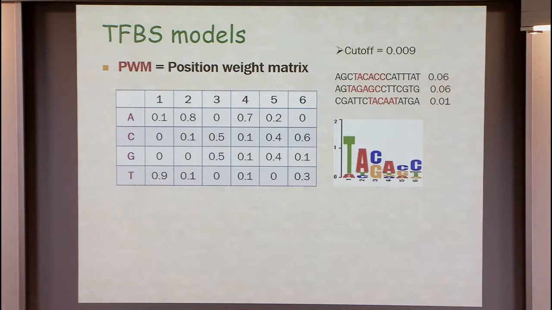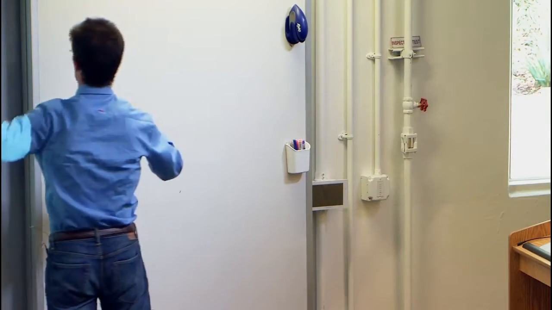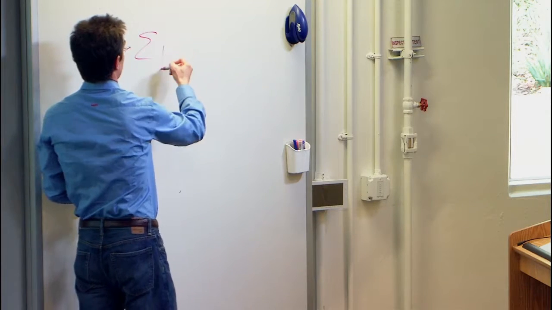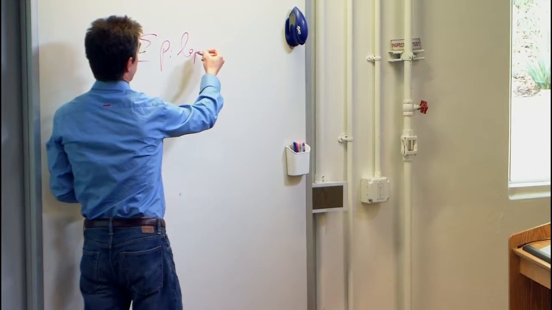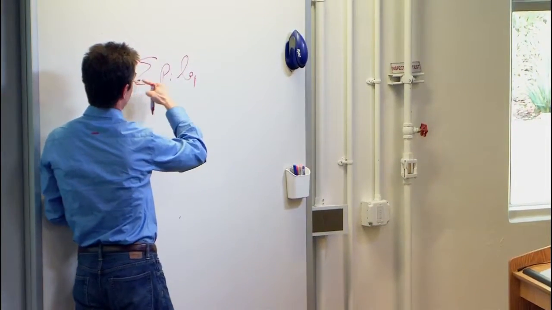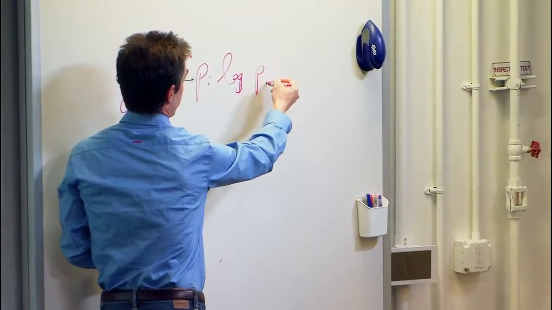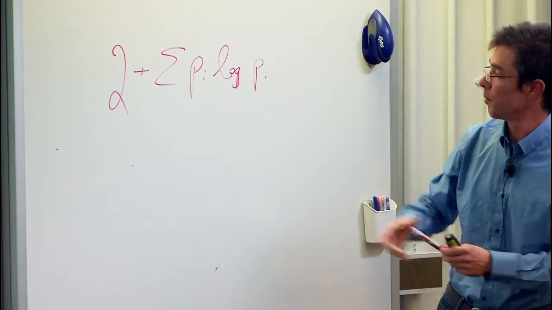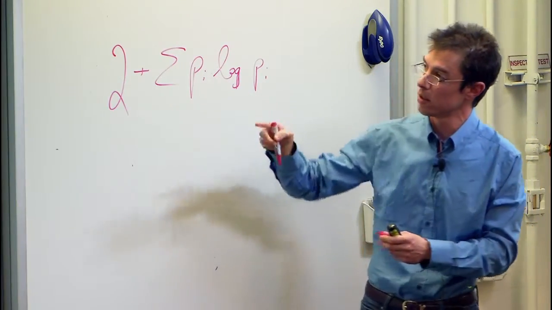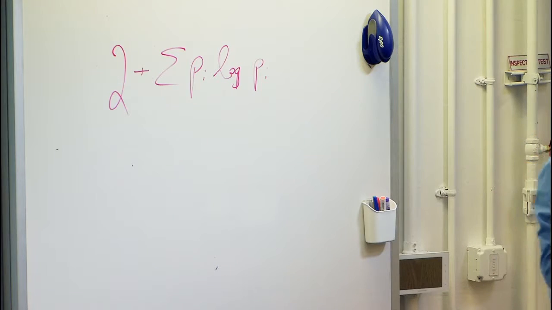And the exact calculation of that height is called the information content, which is subtracting the entropy from 2. So that's 2 minus the sum of p_i log p_i, summing over A, C, G, and T. So that's the height of each position.